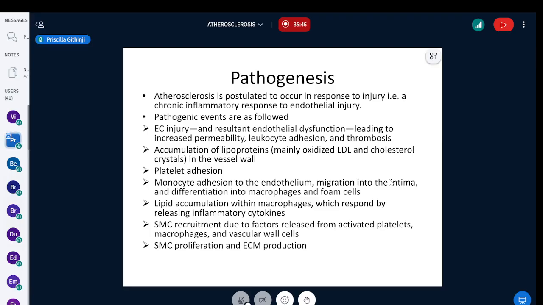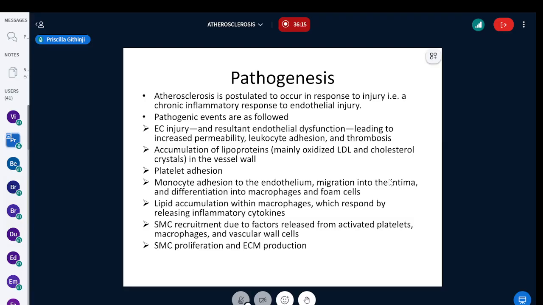Also, where you have endothelial dysfunction, leukocytes are able to adhere to those endothelial cells, and also you can have the disruption enough to cause thrombosis. One of the things that is going to seep now that you have increased permeability is your lipoprotein. So you'll have accumulation of lipoproteins, mainly oxidized LDL and cholesterol crystals in the blood vessel wall.